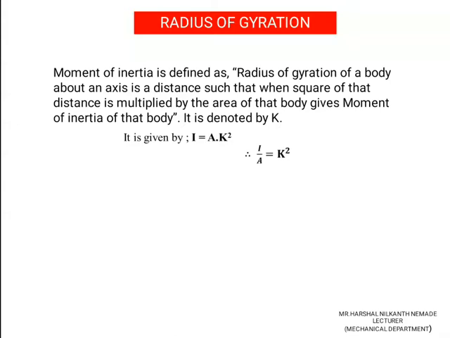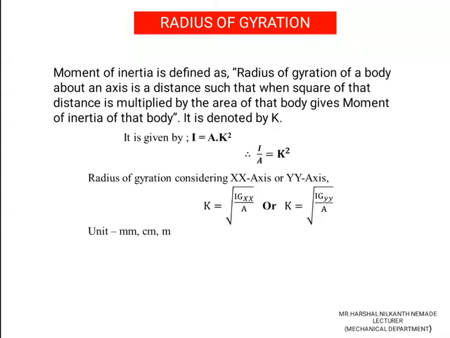Therefore, we write I upon A is equal to k square. Considering the xx axis or yy axis, we write k is equal to under root of Igxx divided by A, or k is equal to under root of Igyy divided by A. Unit for radius of gyration is mm, centimeter and meter.